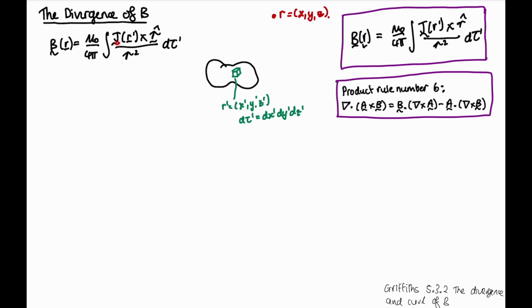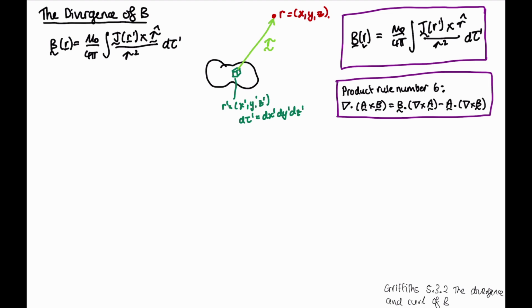Now, J is the current density going through this location here, and our curly R is the vector that points from R prime, the point where the current density is, to the place where we're measuring the magnetic field. So our curly R vector is this vector here. So let's write down formally what everything is, and I'll try and color code it a bit to the diagram.